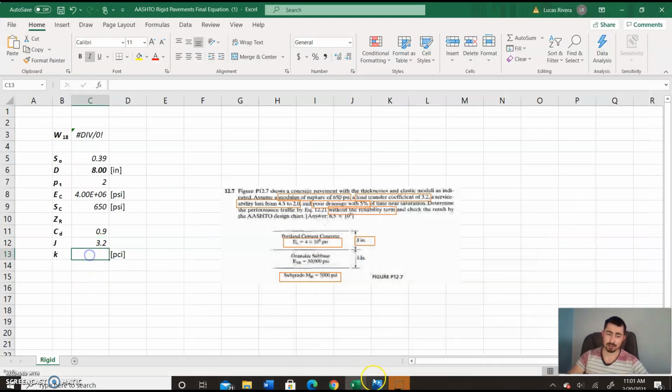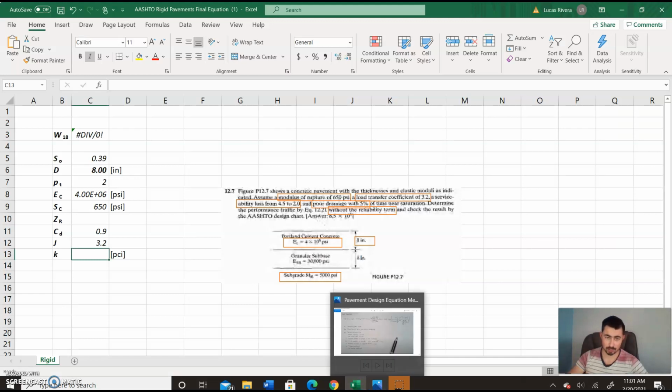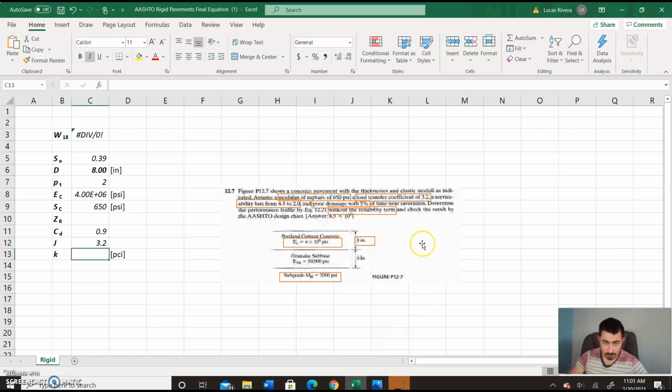And then there's K, last but not least. K, effective modulus of subgrade reaction. Effective modulus of subgrade reaction. Where did I get that?